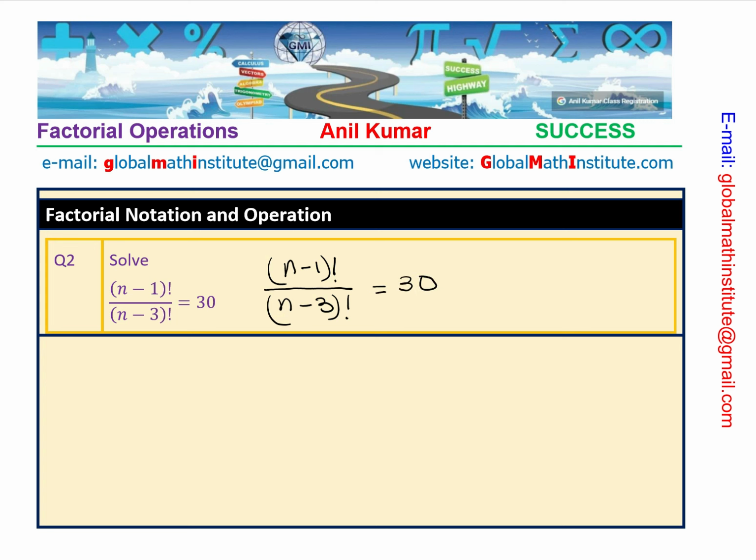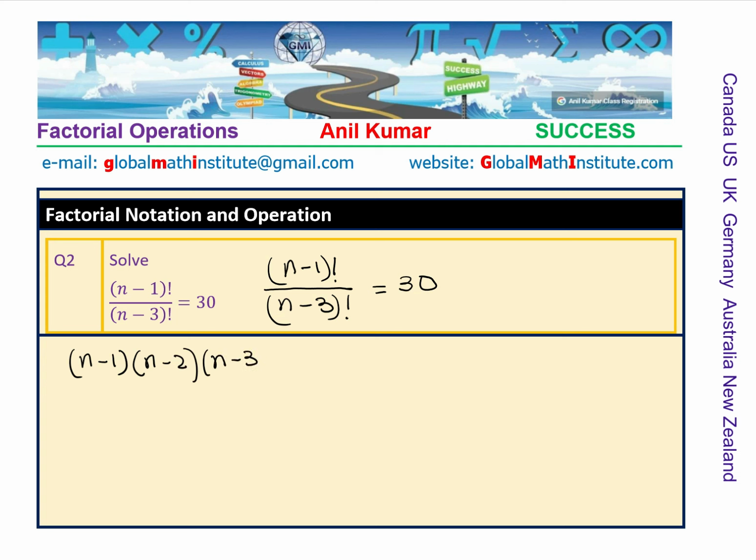Now, the numerator n minus 1 factorial can be written as n minus 1 times n minus 2 times n minus 3 and so on, which means I could write this with factorial notation. And in the denominator, we have n minus 3 factorial. Is this concept clear, right?